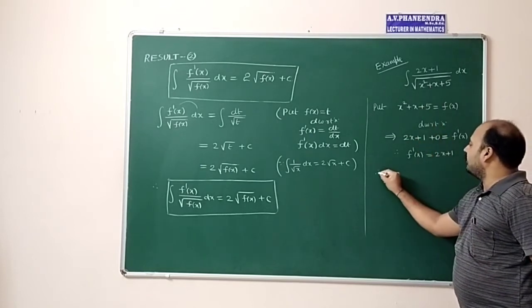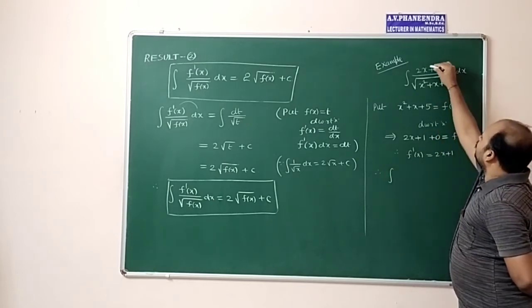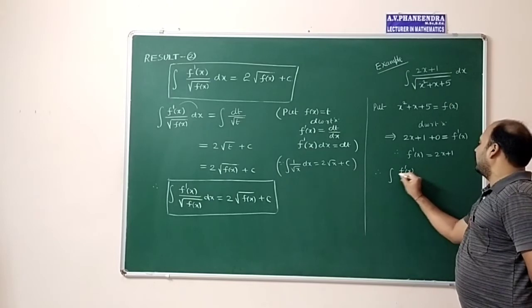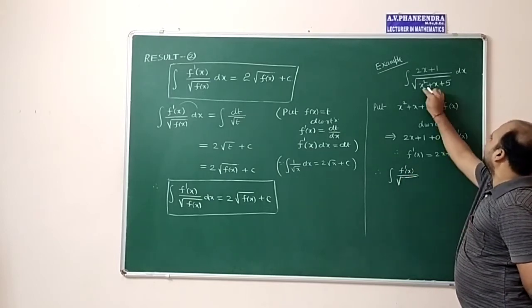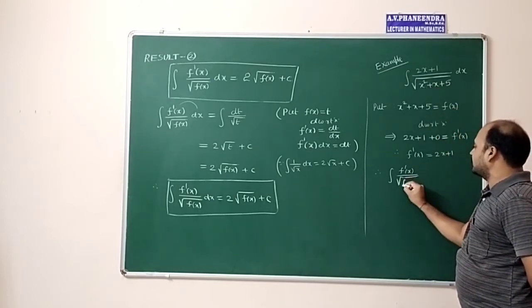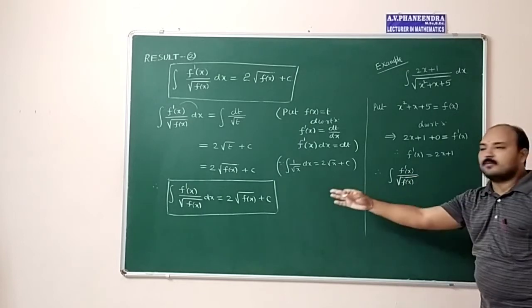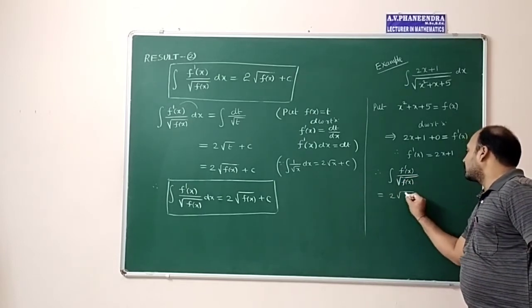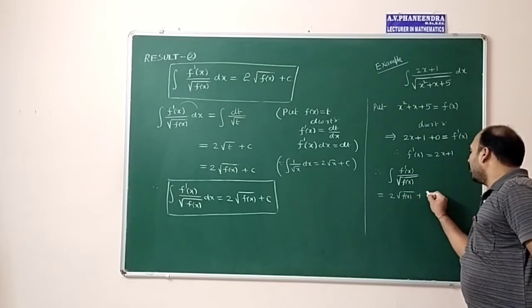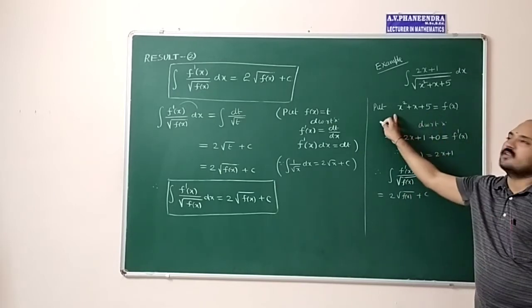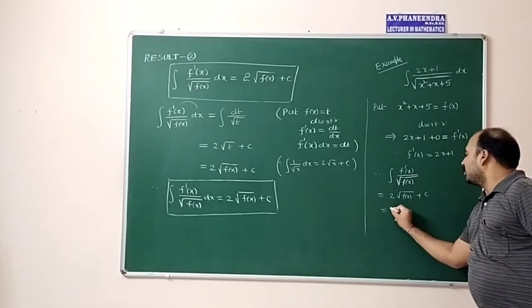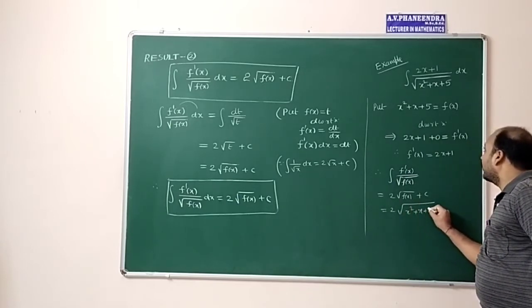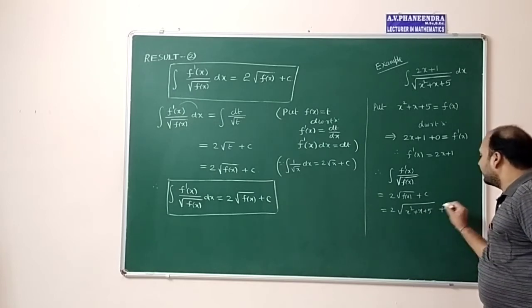Therefore, the given integral becomes integral 2x plus 1, which is f dash of x, divided by square root of x square plus x plus 5, which is f of x. It is in formula form, no? Therefore, we know the value of this is 2 root f of x plus c. Now, wherever f of x is there, you replace it with the given function, which is equal to 2 root of x square plus x plus 5 plus c.